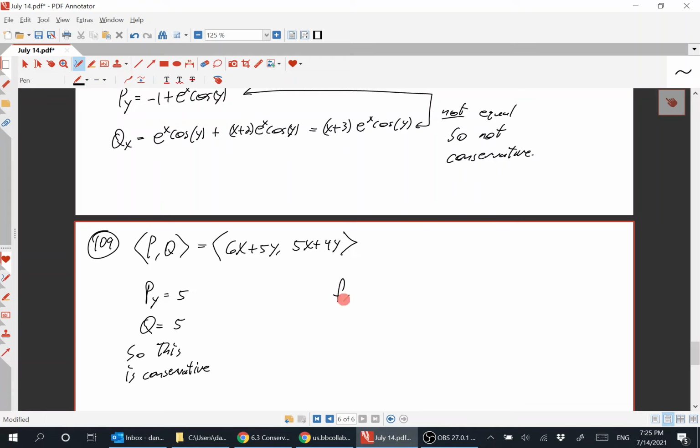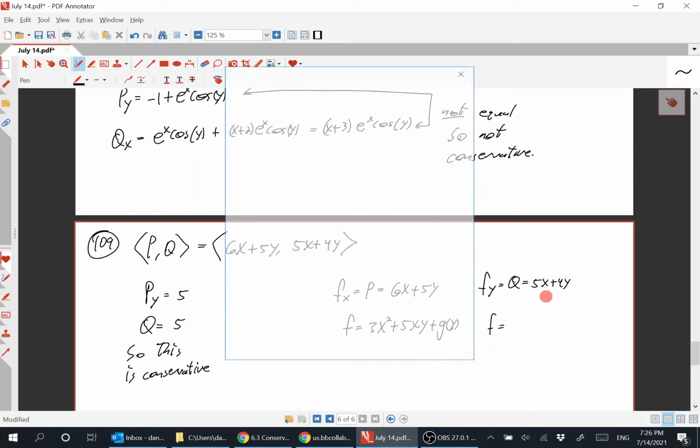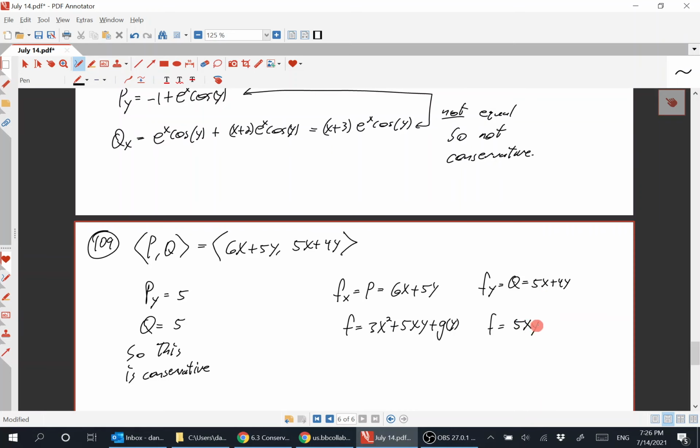So the partial derivative of f with respect to x is going to be p, so that's 6x plus 5y. So f is going to be the antiderivative with respect to x, 3x squared plus 5xy, plus g of y. And then the partial derivative of f with respect to y is 5x plus 4y. So f, the antiderivative with respect to y, is 5xy plus 2y squared plus h of x.